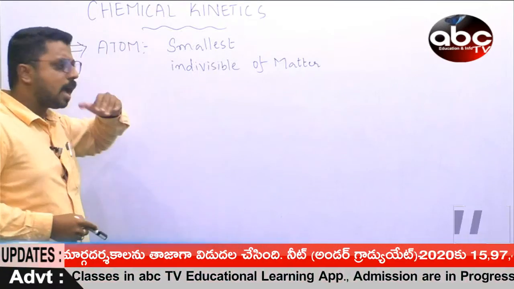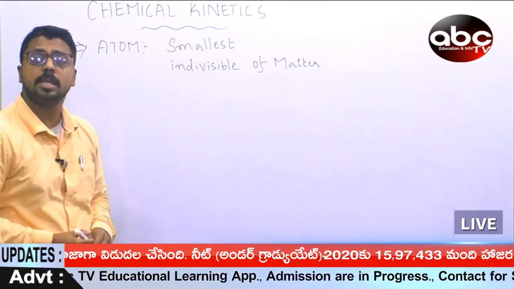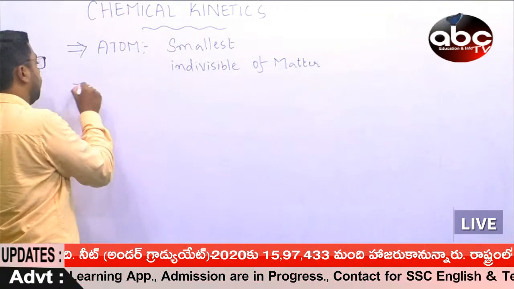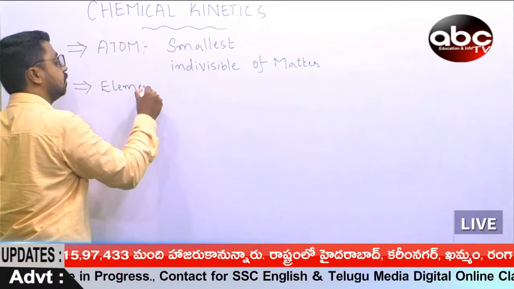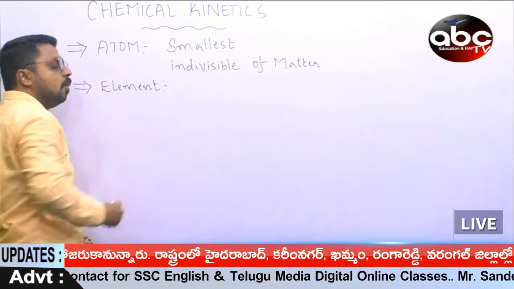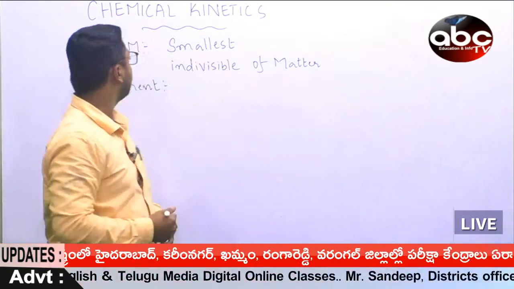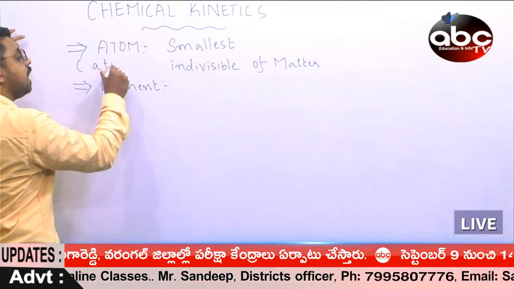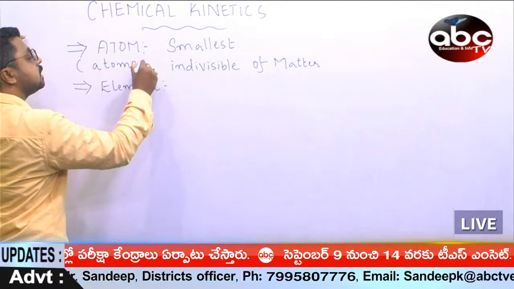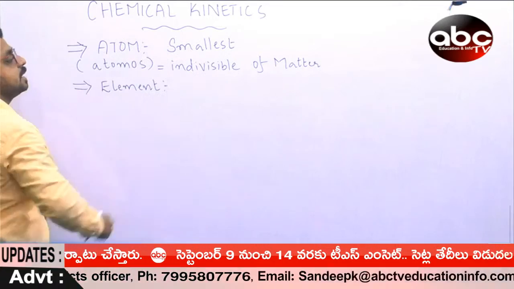So if we go to the next one, what is the meaning of an element? Actually, remember this point. Atom is a word derived from a Greek word, atomos, which means indivisible.